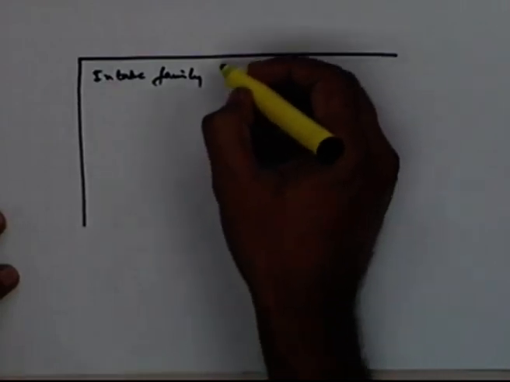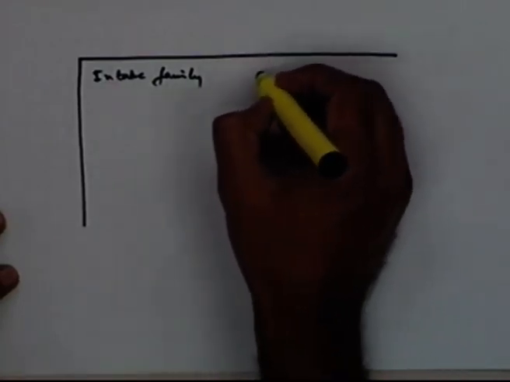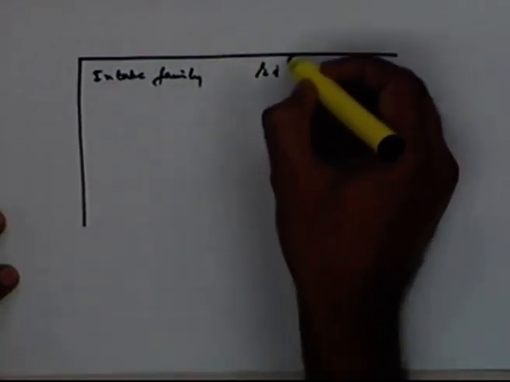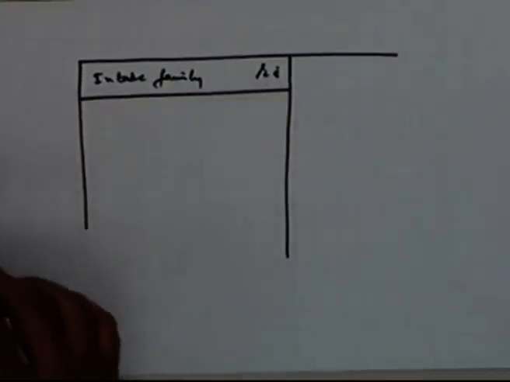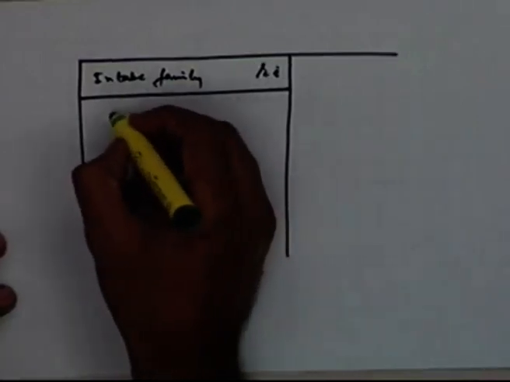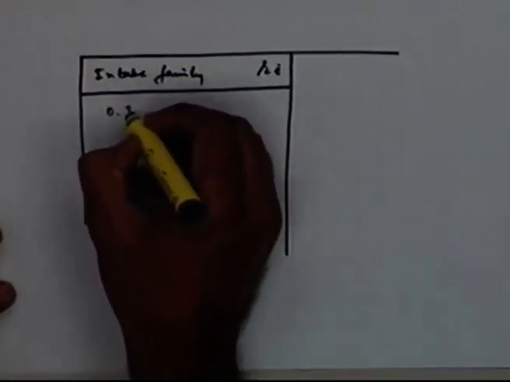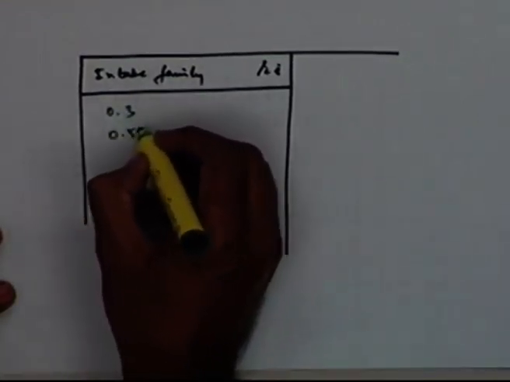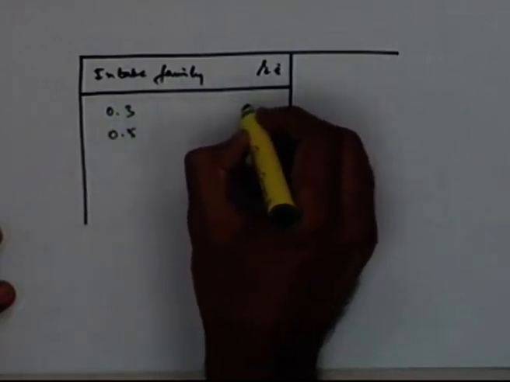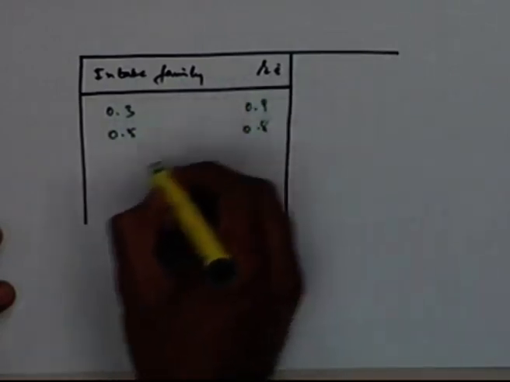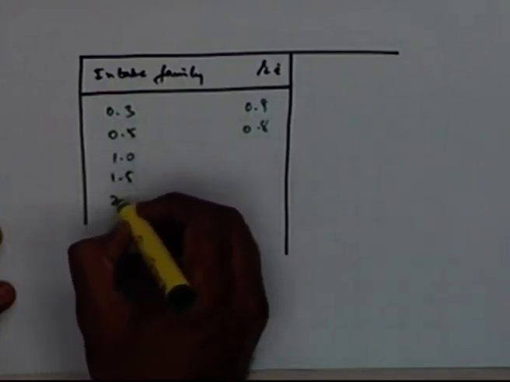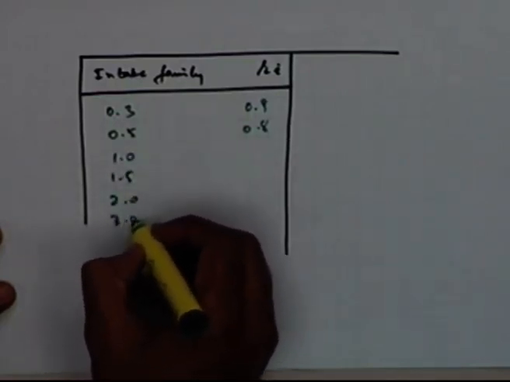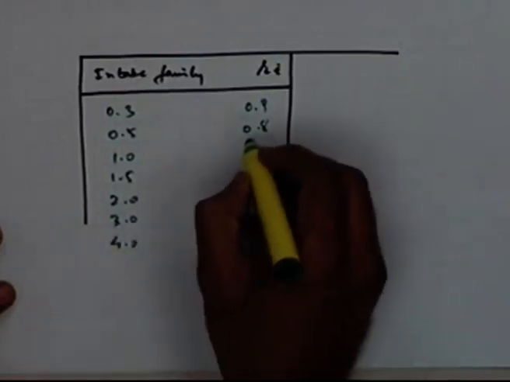For different intake families, RI is as given. I can give you the values: 0.9, 0.8, 1.0, 1.5, 2.0, 3.0, 4.0.